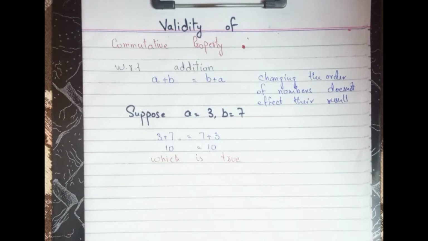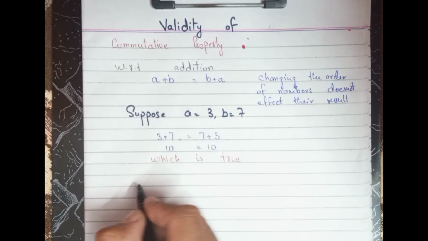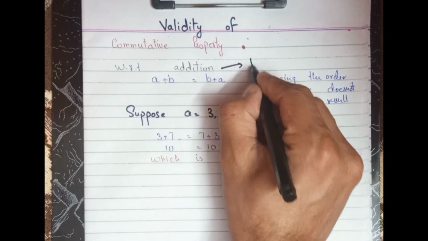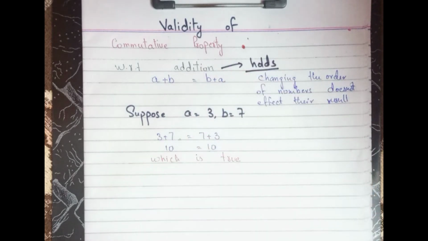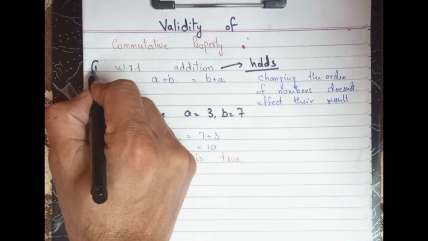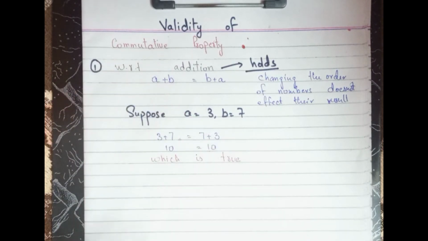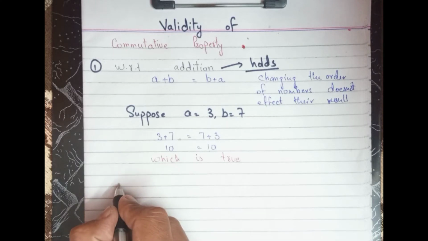Thus, the commutative property with respect to addition holds. It is valid. This is our first proof.